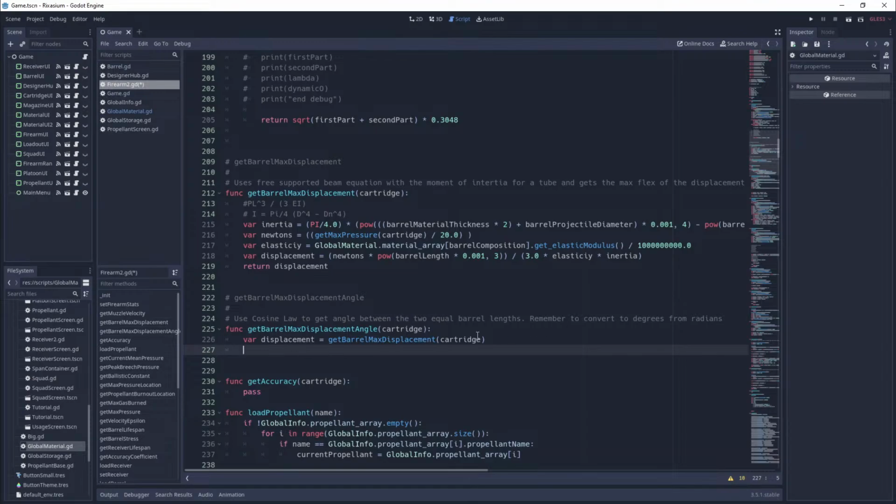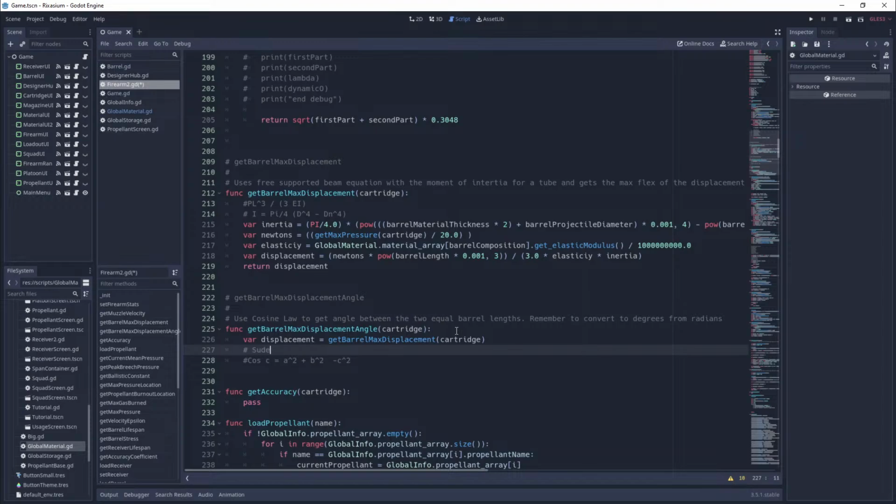So here, just have to remember cos C is A squared plus B squared minus C squared. Sides, cosine law, sine.